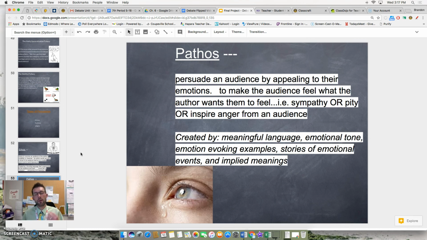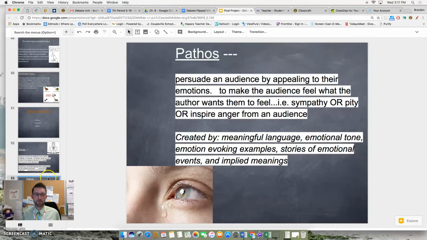You want to think about how you're saying your words. Are you talking very quickly, slowly, quietly, loudly, excitedly? You want to give stories or examples that can give different emotions.